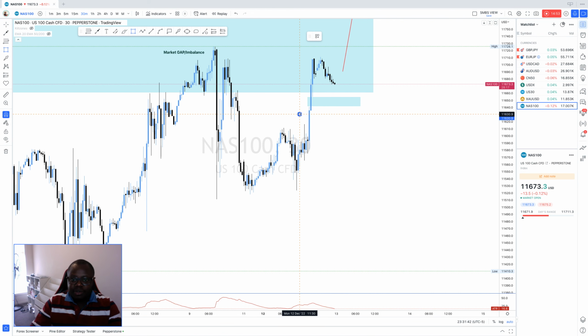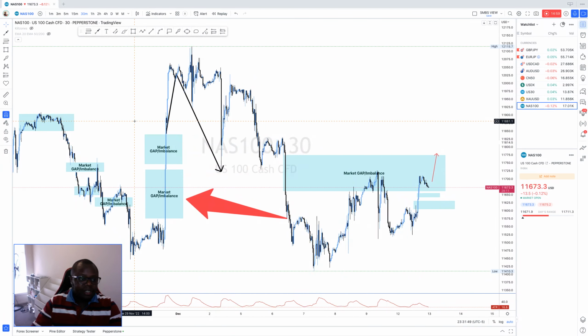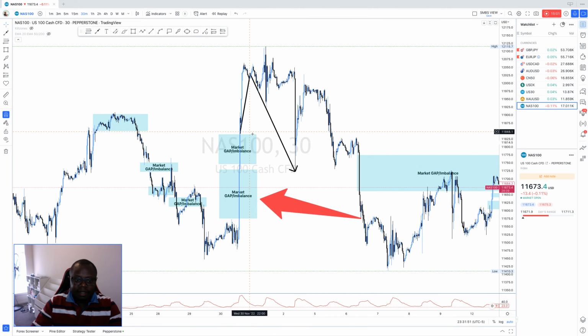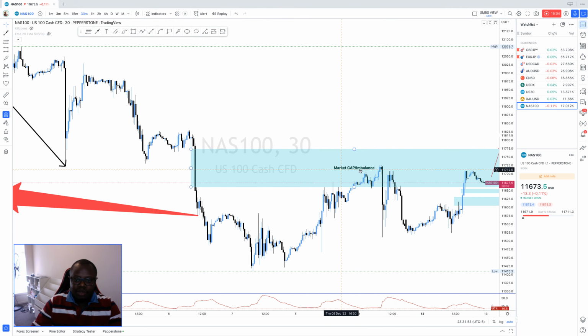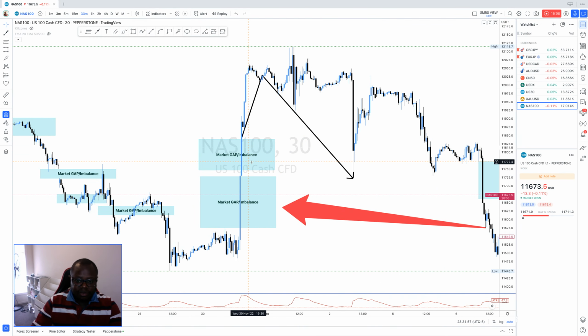And to be very honest with you, there are people who use imbalance as a trading strategy. Let me just use this level to highlight where there's that big imbalance. When you're using a market gap or trade imbalance as a strategy, it just means that you are keen to see how the market moves from one imbalance to another.